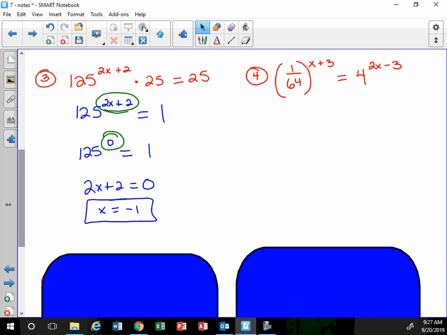Are you picking 2 as a base? Yeah. You could have picked 4 as a base, but you can use 2. You've committed to 2. That's fine. Guys, pick 2 or 4 as your base. Please do not pick 1/64 as your base. Don't do it. It's really ugly. It just doesn't work very well.